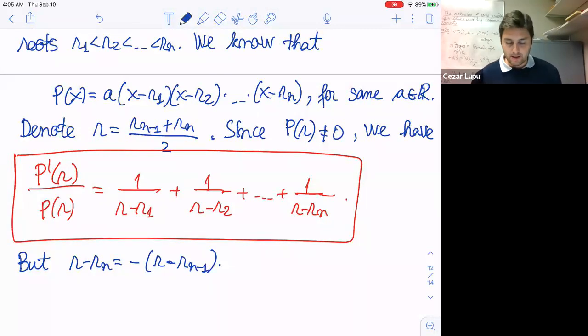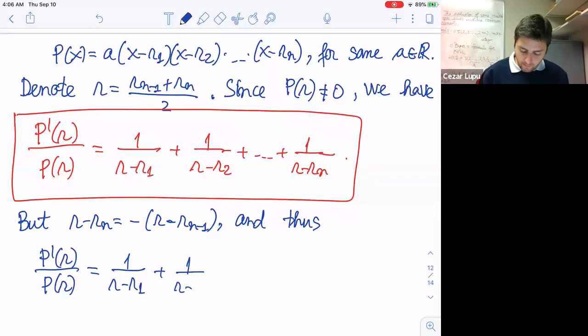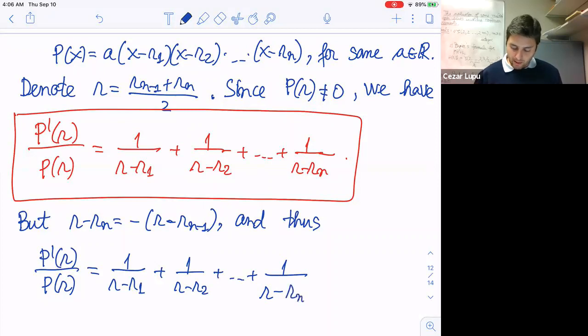And so this implies that the derivative of the polynomial over the polynomial would be nothing else than just 1 over r minus r1 plus 1 over r minus r2 plus 1 over r minus r3 and so on, up to the remaining n minus 2 terms. And this will be positive, right?